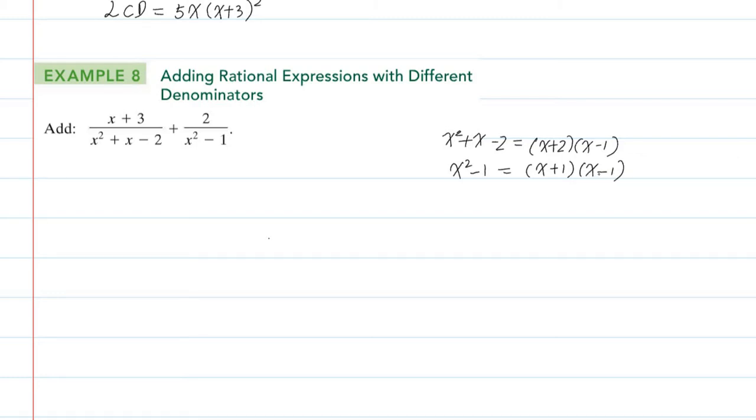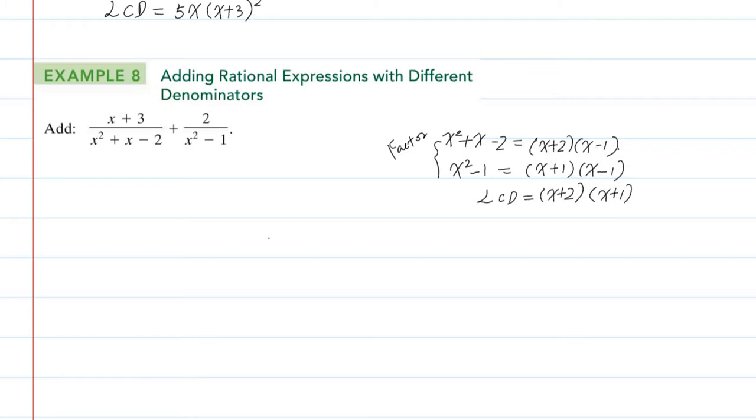Once you finish the factoring, just like the previous example, you look at what the LCD, the least common denominator, is. We have x plus 2, which is distinct, with no repeating.